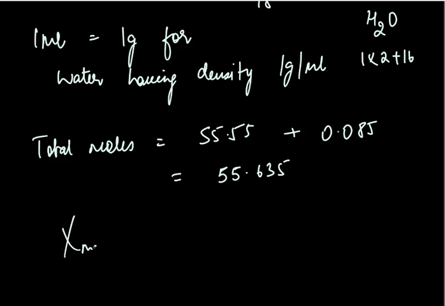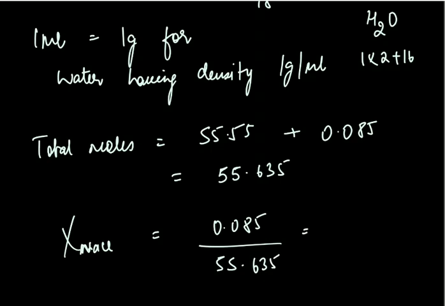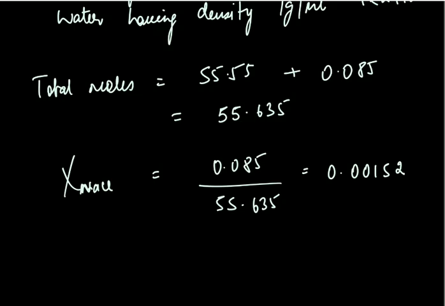Now coming back to mole fraction of NaCl: 0.085 divided by 55.635. So you will get 0.00152, right? We can shift some decimals over here if we want.